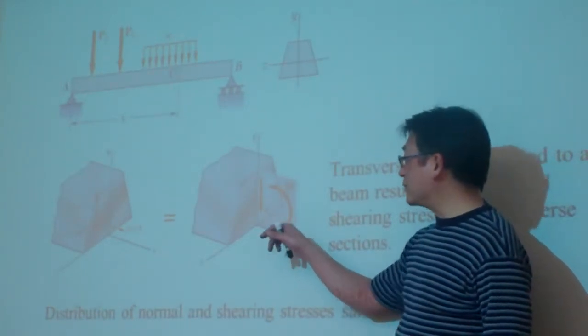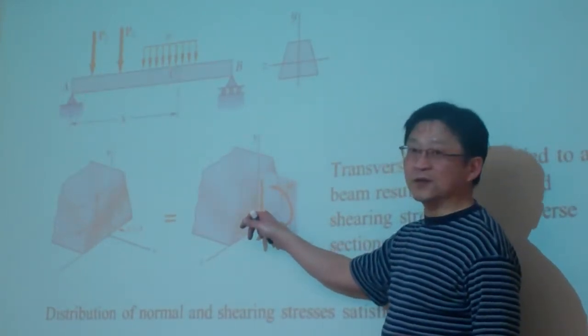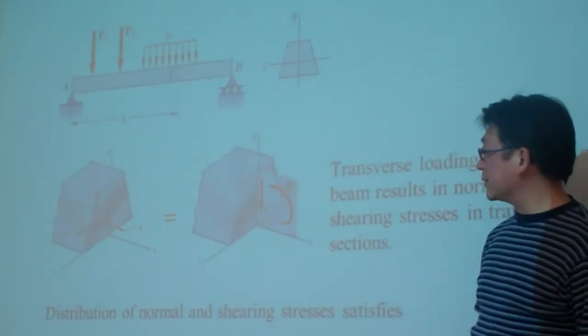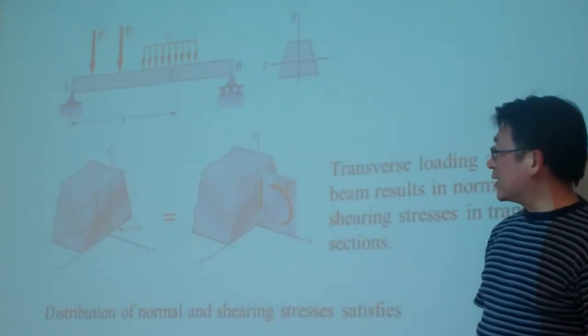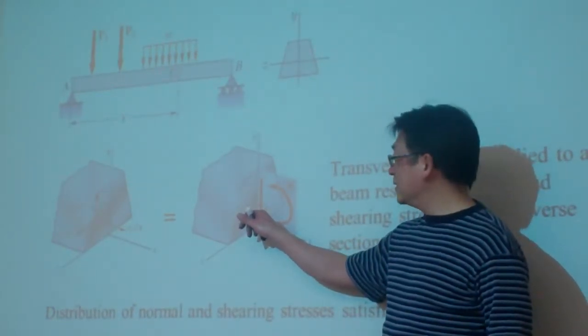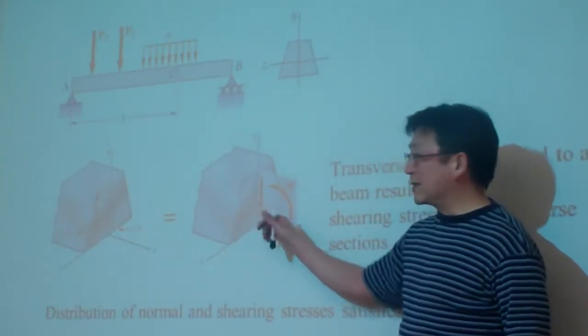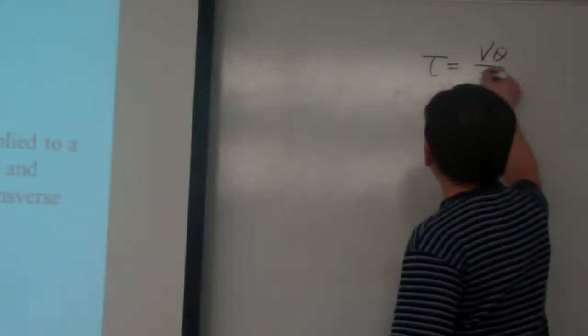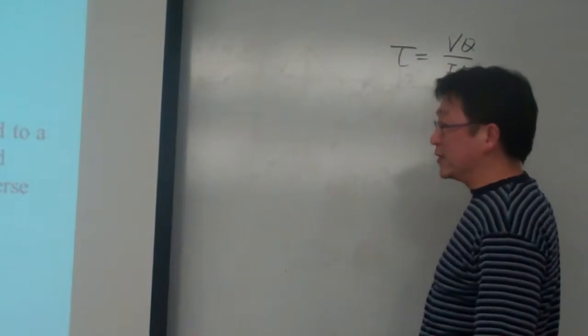But in this chapter we have additional transverse loading, and that will make the whole thing different. Due to this transverse loading, V, we eventually get this formula, tau equal to VQ over IT. I believe you still remember this equation.